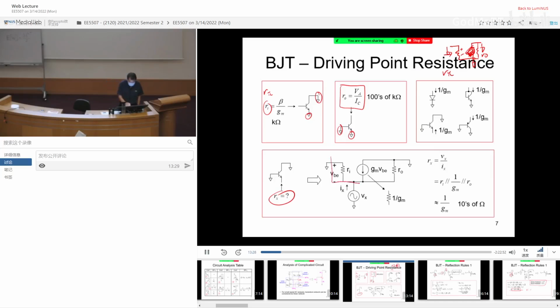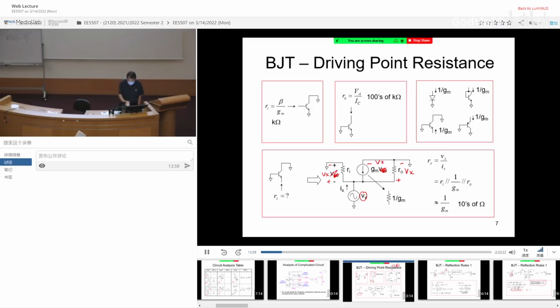The transistor, we replace it with the hybrid pi model. We apply a test voltage Vx, and then we examine the current Ix. Before we jump into writing down the equations right away, this is plus Vx, and this is also negative Vx. Now this is a current source, but what this guy means is negative Vx.